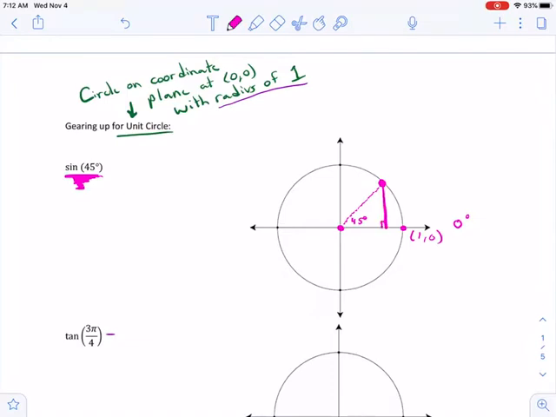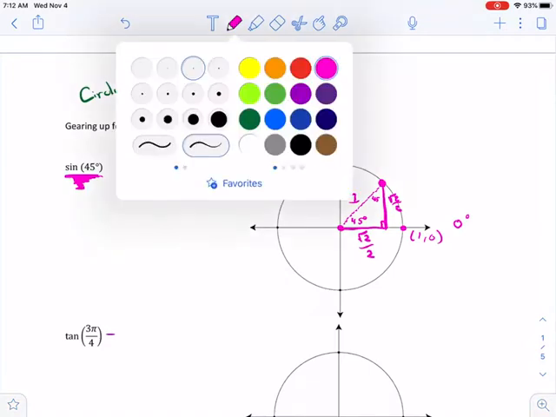If I drop that point down and connect it over here, I end up with this 45, 45, 90 triangle. Because this is a unit circle, I also know that my hypotenuse is 1. And based off our warm-up, which is why we did those triangles in particular, I can say that this side here is square root of 2 over 2, and this side on the bottom of that triangle is also square root 2 over 2.